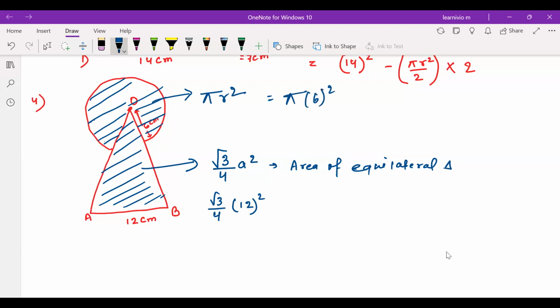But when you are taking this circle, there is one thing we have to be careful with. When you take the total area of the circle, that means you are taking the total circle, but we don't need the total circle.